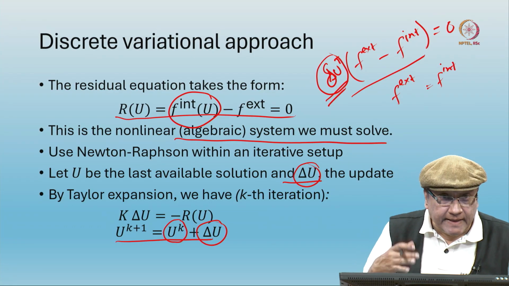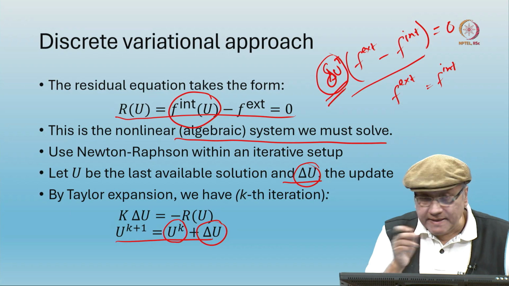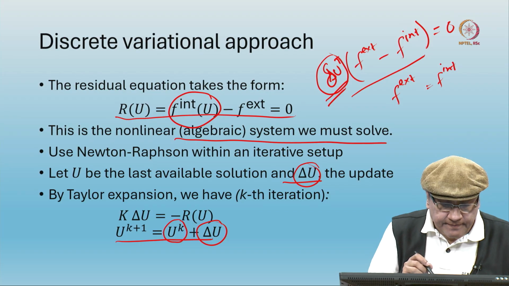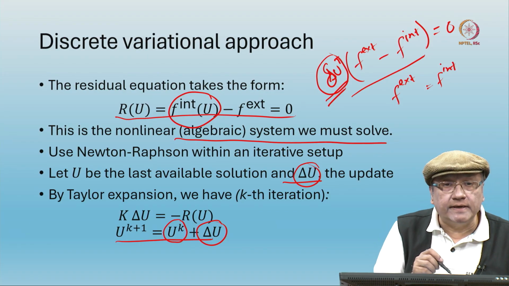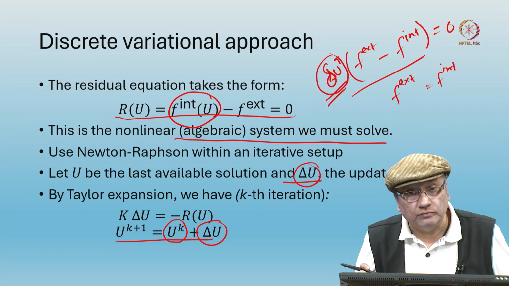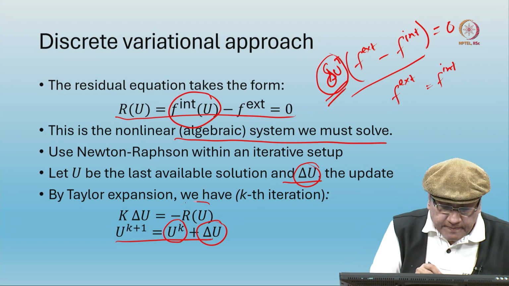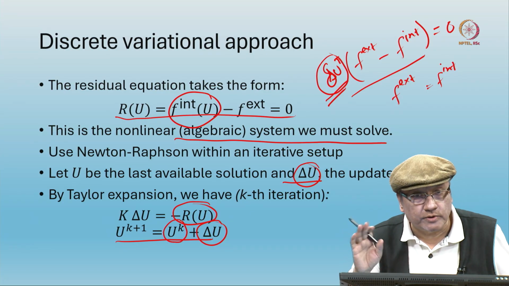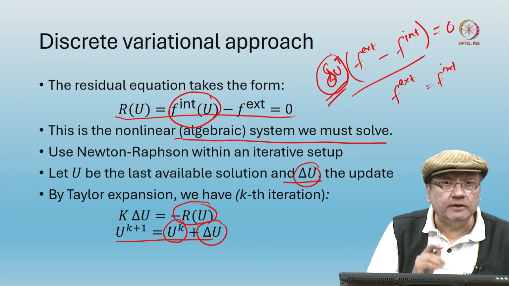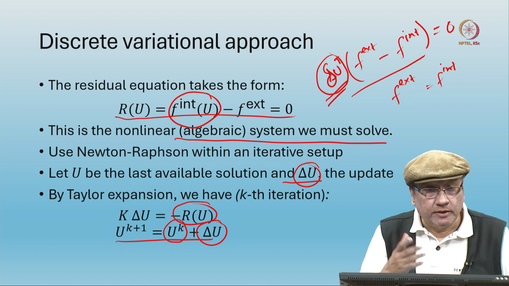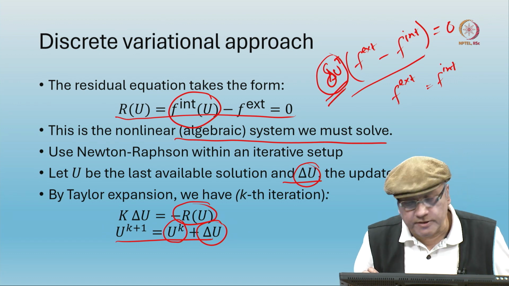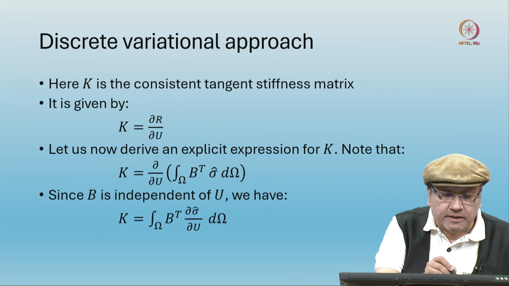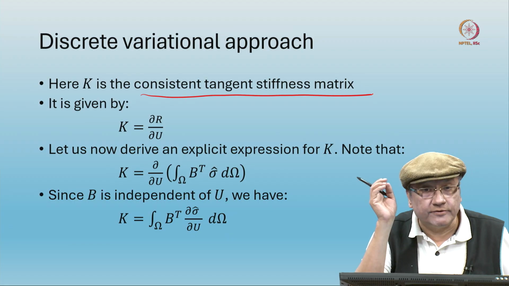It is a linear algebraic equation, because you need to linearize this F internal of u properly, and you get K delta u is equal to minus R of u. Remember that minus R of u is a known function of u, because it is the last available u that we are talking of. Delta u is the unknown, and K is the corresponding matrix which should be invertible. This K is called the consistent stiffness matrix.